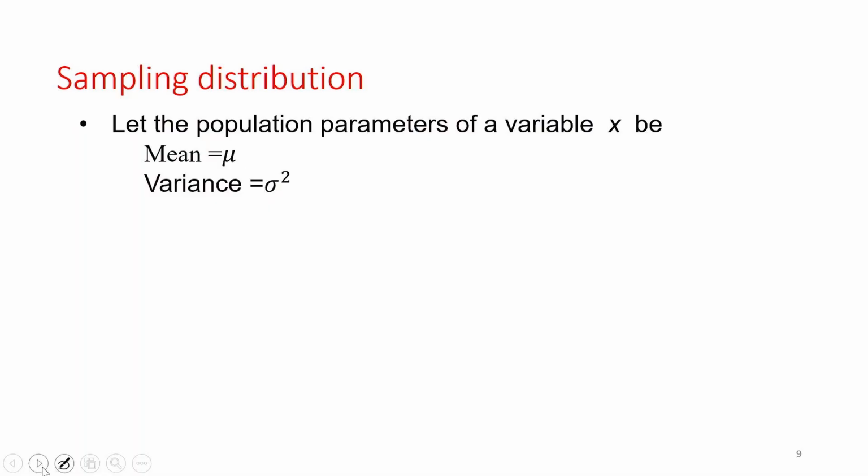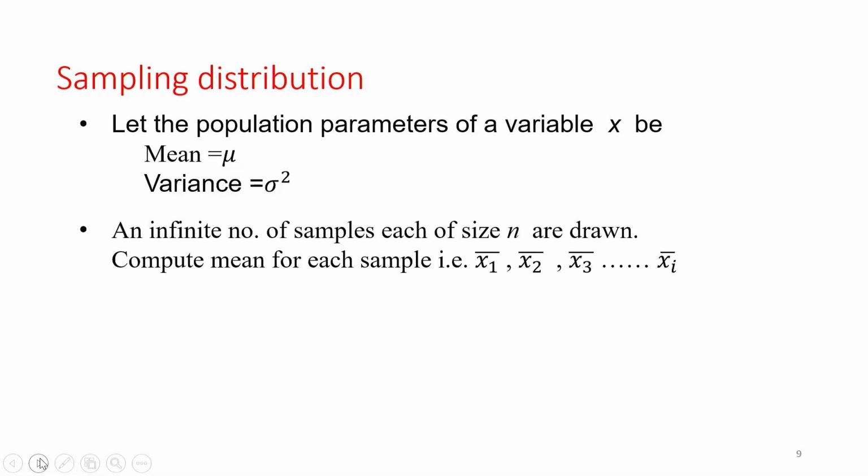Now again we are coming back to sampling distributions. Let the population parameters of a variable x be that the mean is mu and the variance is sigma square. So it is about the entire population. Now let us say an infinite number of samples, each of size small n, are drawn from this population, and we find the mean of each sample of size n.